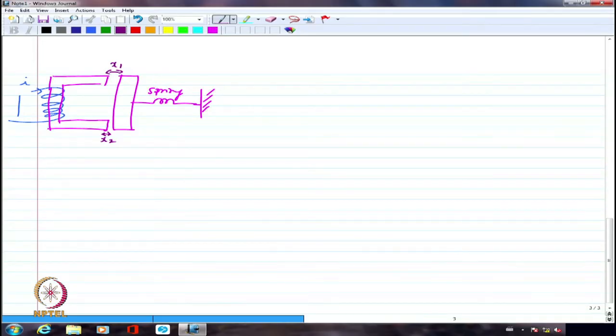So, if I try to draw the two magnetization curves corresponding to these 2 points, this is I and this is, let us say, lambda.